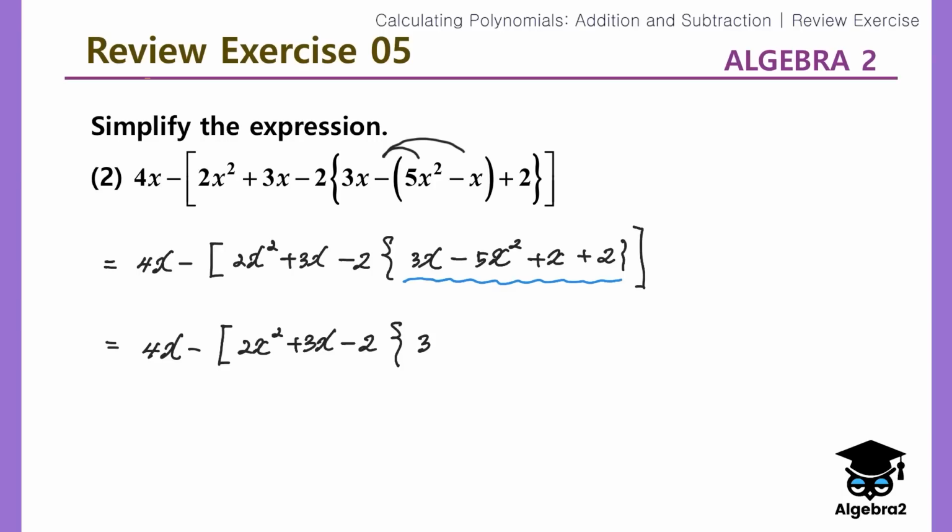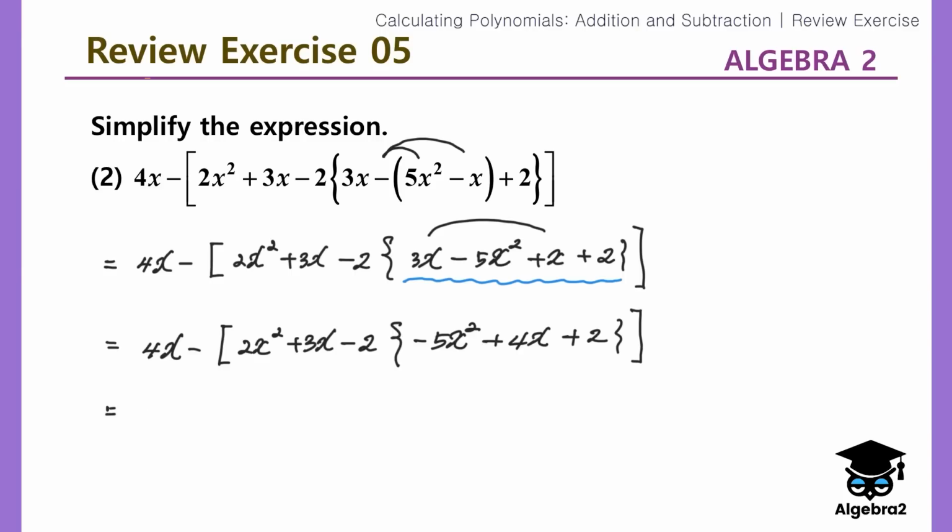Well, let me write negative 5x squared first. Minus 5x squared. And we have a 3x plus x, that's plus 4x. And we have a plus 2, right?